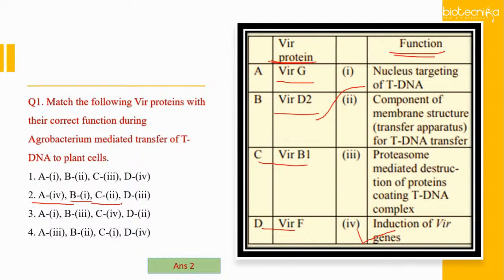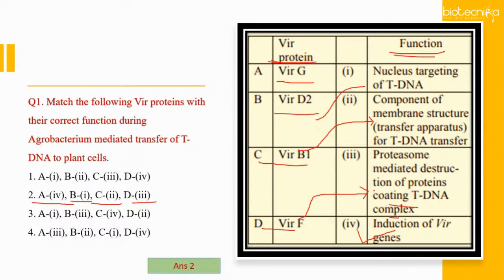Then we have VirB1, which forms a component of the transfer apparatus, which will help in the transfer of T-DNA from bacteria to the plant. And then we have VirF, which is considered to be a proteasome, which is responsible for proteasome mediated destruction of proteins coating the T-DNA complex.